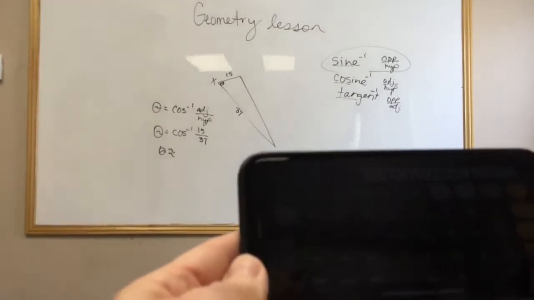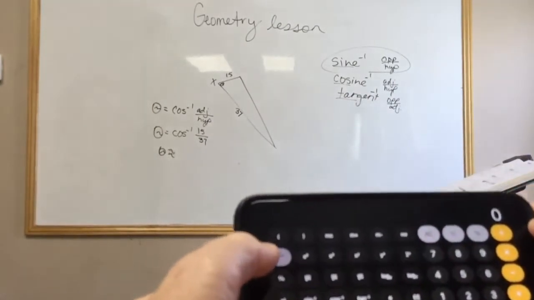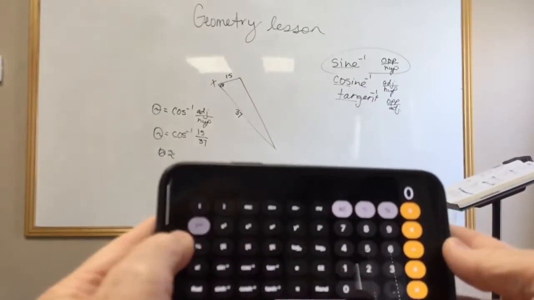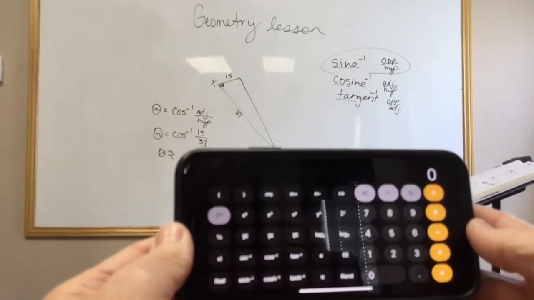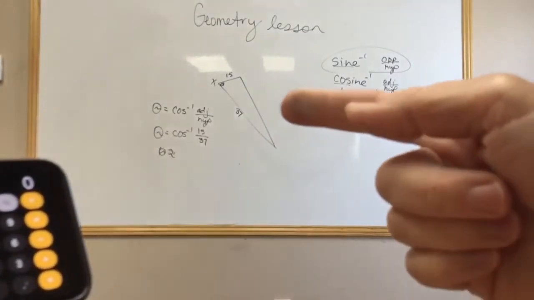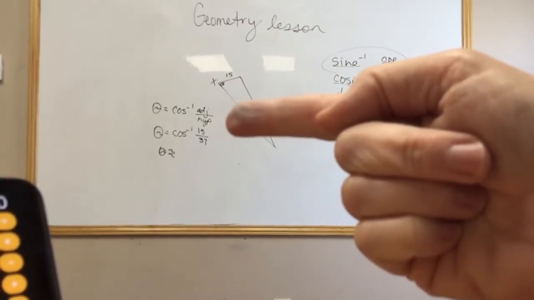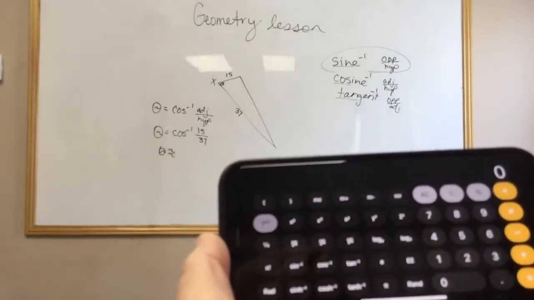So here we go. First I'm going to clear, but I still have that second button highlighted, you see that? So I'm going to enter, if you look at the board right here, I have 15 over 37. So that's the same thing.